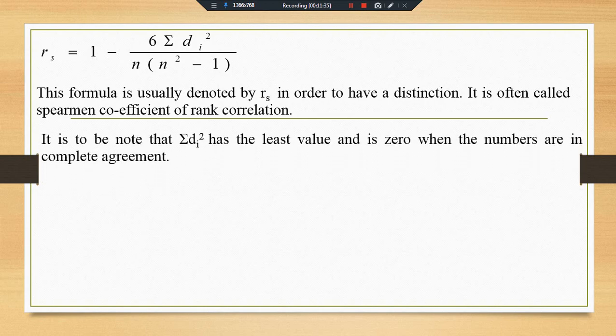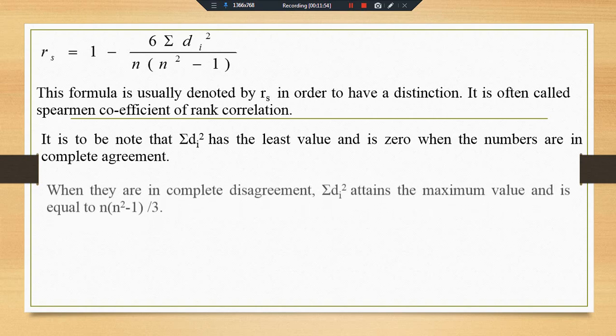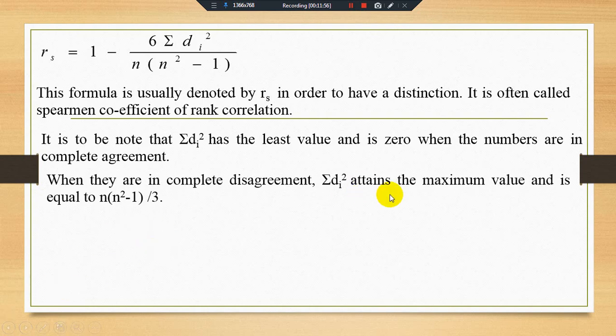It is to be noted that summation d has least value 0 when the variables are in complete agreement, and when they are not in complete agreement, the summation di square value is equal to n into n square minus 1 divided by 3.